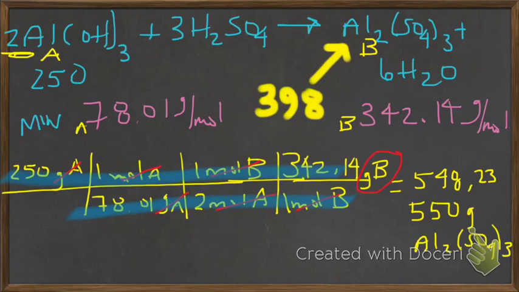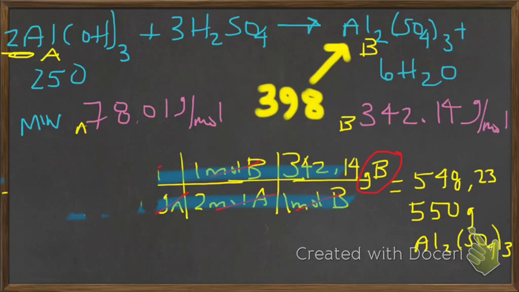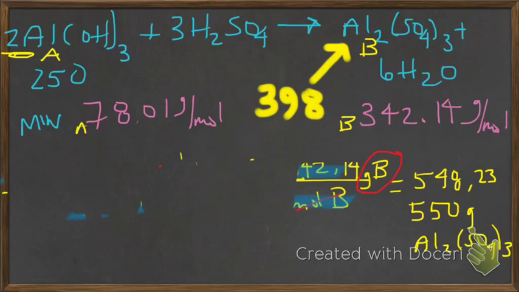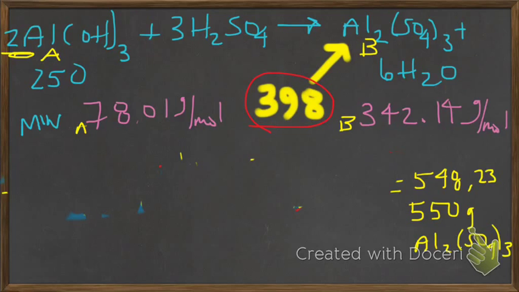Now I'm going to have to do some erasing here so I can have room in order to determine our percent yield, which is what the question was asking for. So our percent yield is where we take the actual yield, which was given. We were given that we only made 398 grams of the aluminum sulfate.